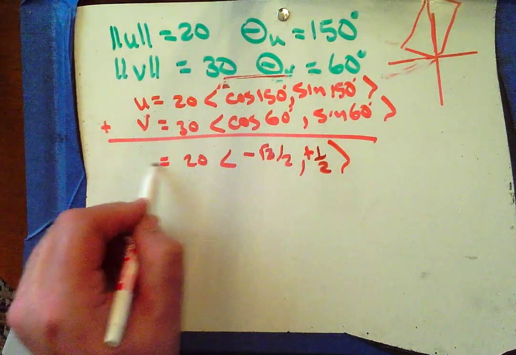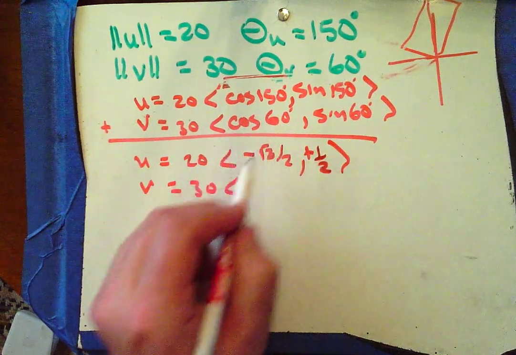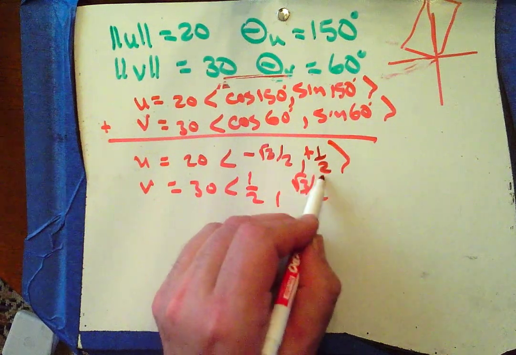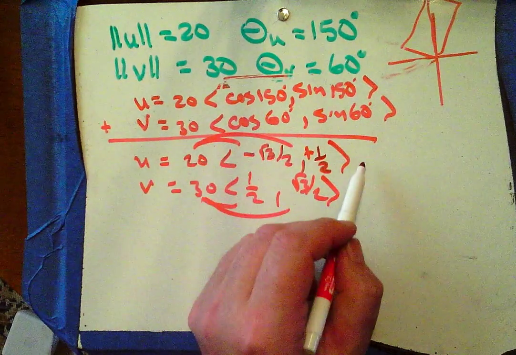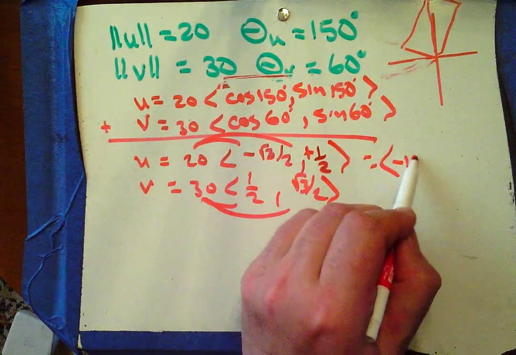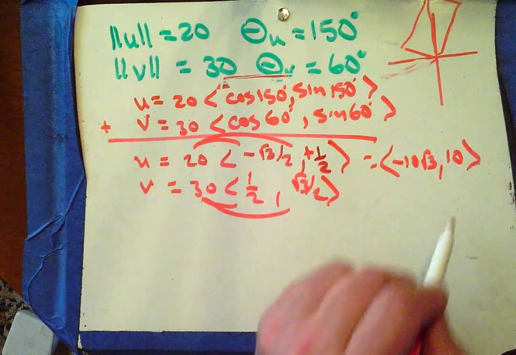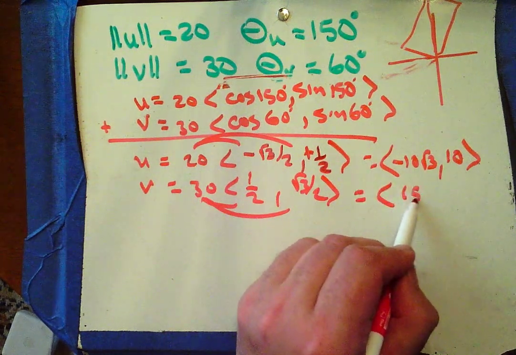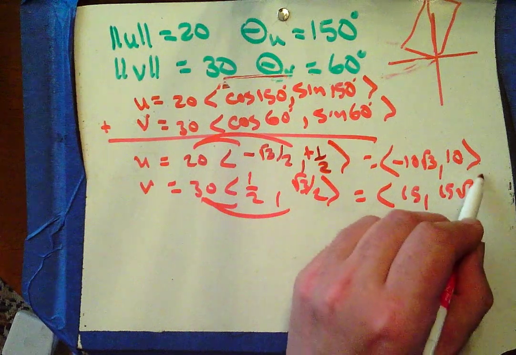Okay, there's u, and v is 30. Cosine of 60 is 1/2. Sine of 60 is root 3 over 2. Distribute the magnitude in each case, and so I get negative 10 root 3, comma 10, and here I get 15, comma 15 root 3.